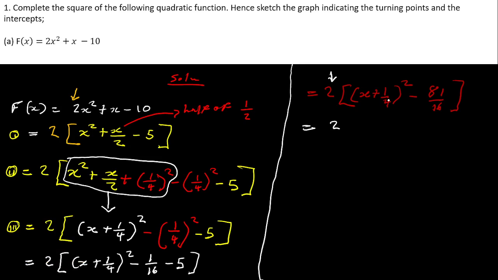So it's just going to be open bracket x plus 1 over 4, squared, and then 2 times negative 81 over 16 is the same as negative 81 over 8, because 2 into 2 is 1, and 2 into 16 is simply 8.